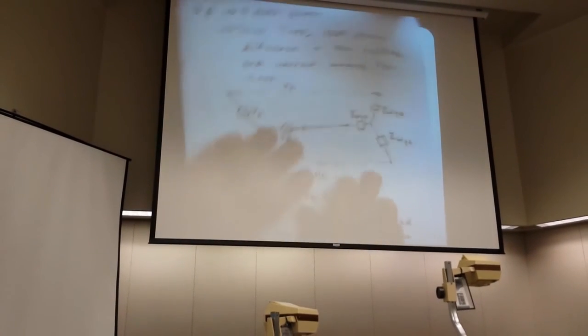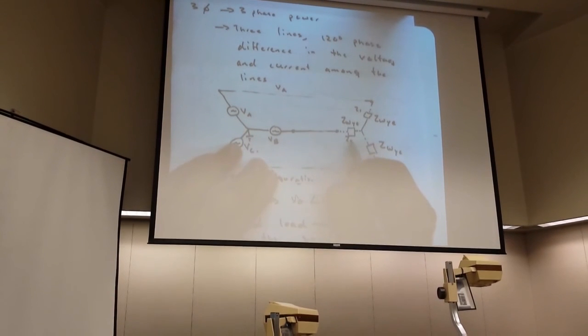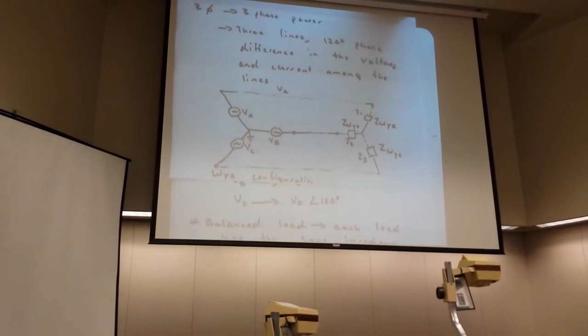So we can call this, if you want, Z1, Z2, Z3, and in this case, Z1 equals Z2 equals Z3. They're all the same. In reality, is this likely to be the case?